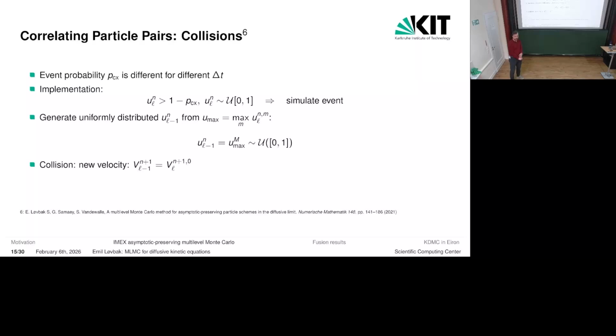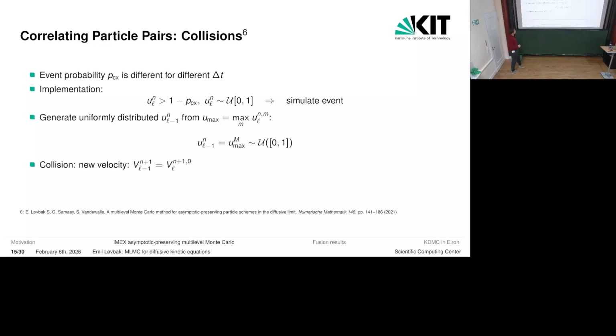The way we do that is we think about how you simulate this kind of coin toss effect in practice. You have a chance of a collision or not at every time step. What you do is you sample a random number between 0 and 1. You check if it's over the probability of no collision taking place. And if it's larger than that probability, then you decide to simulate a collision.